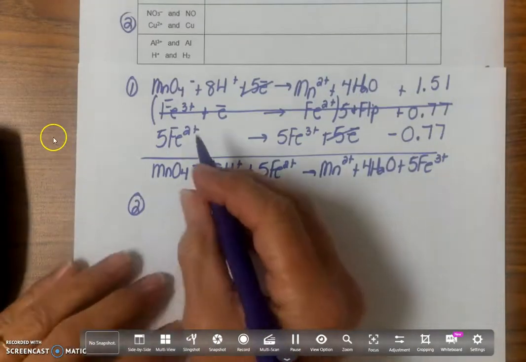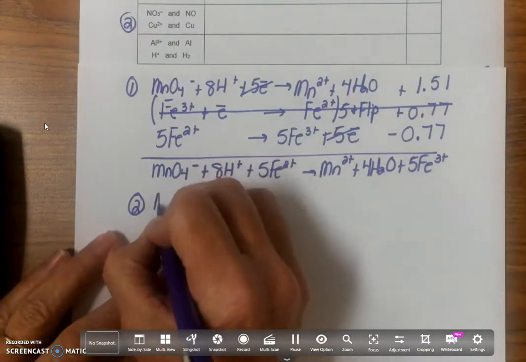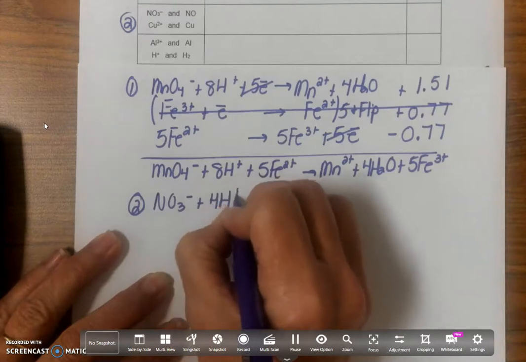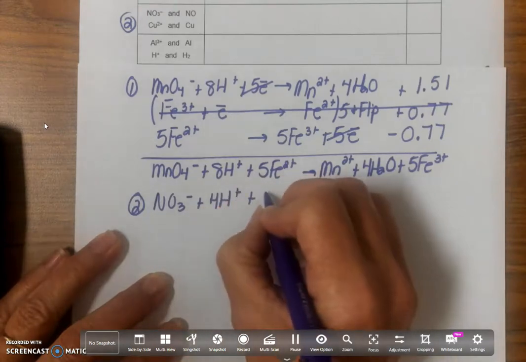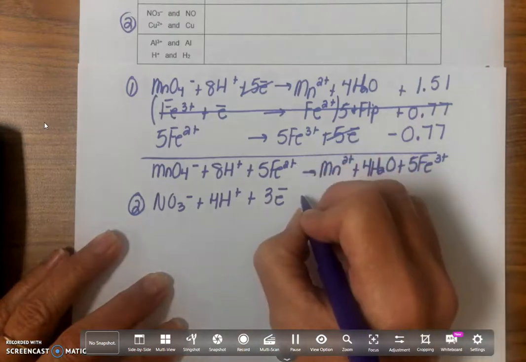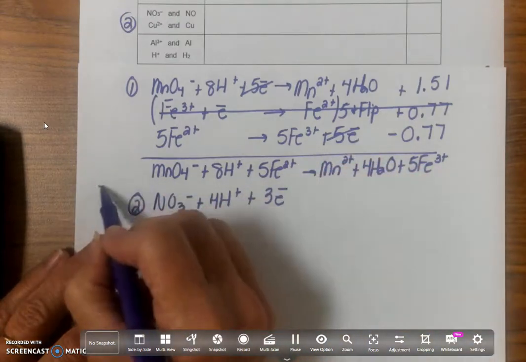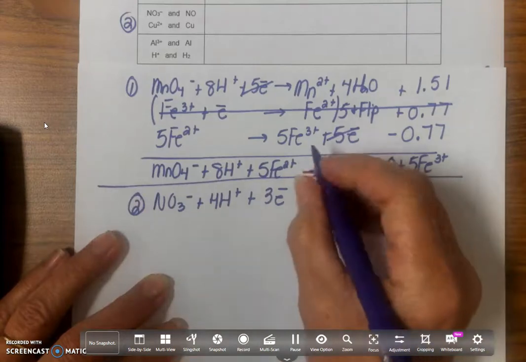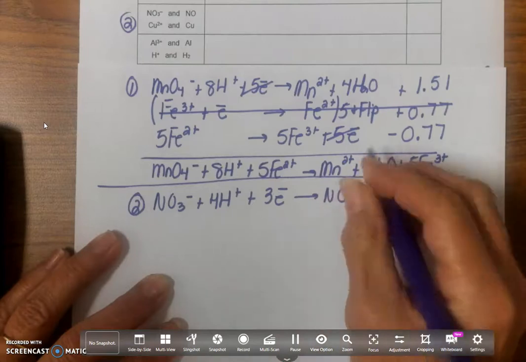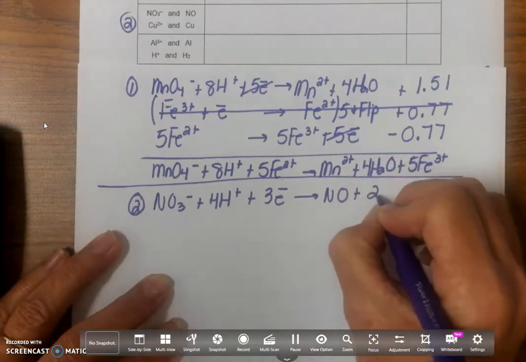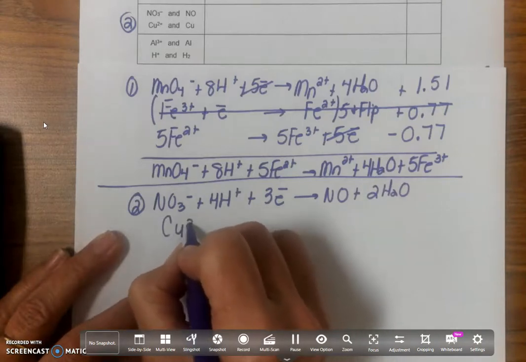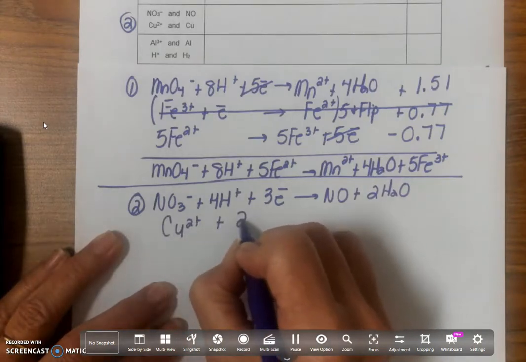You may not always have a metal in your half reaction. So here we go. I've got NO3 minus plus 4H plus 3 electrons. Let me make a line here so I don't get them confused. Goes to NO plus 2H2O, and then I've got copper 2 plus 2 electrons.